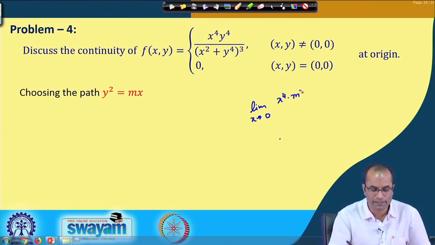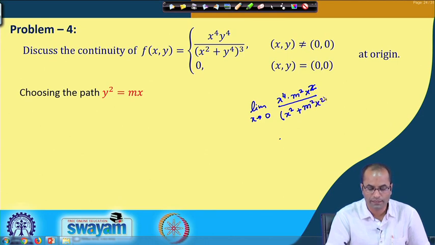So, this will become m square x power 2, divided by x square plus y square whole square again. So, this is m square x square and power 3, so x power 6. From here also x square and then power 3.